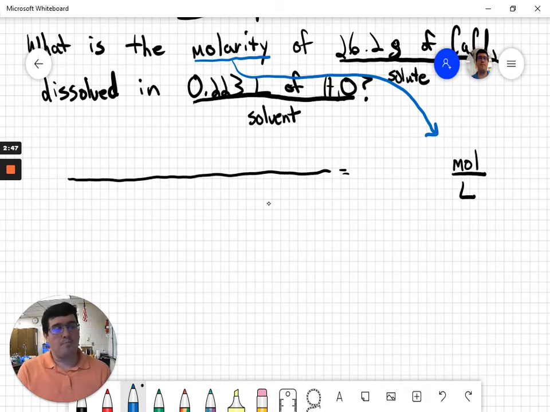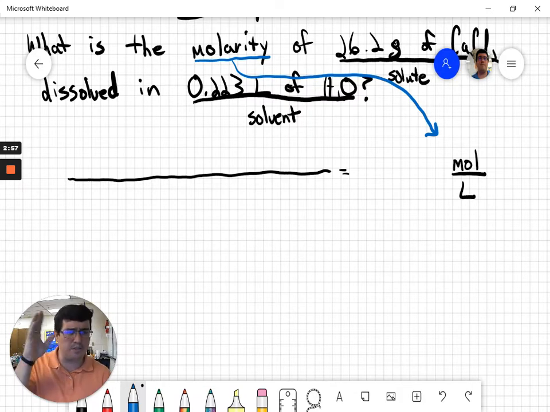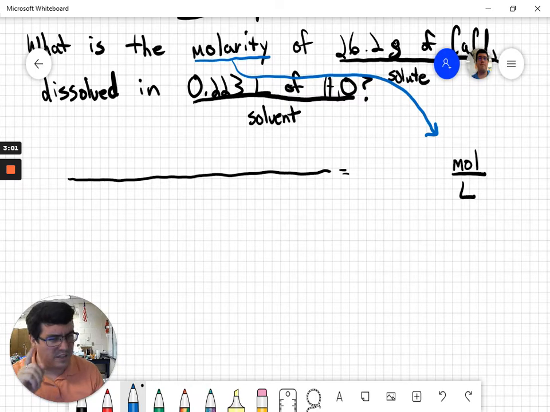So now that I know that goes out here at the end, let's look at the problem. Which of these would I like to put first on the line? And hopefully in your brain, somebody's already jumped to the fact that, hey, I can convert grams to moles. I know I can do that. We did that a couple of weeks ago where we talked about you take grams and use the molar mass and you convert to moles. If your brain wants to start there, that's fine. Or you can do the easier thing. You can realize here's liters, right? We've got liters in the problem.